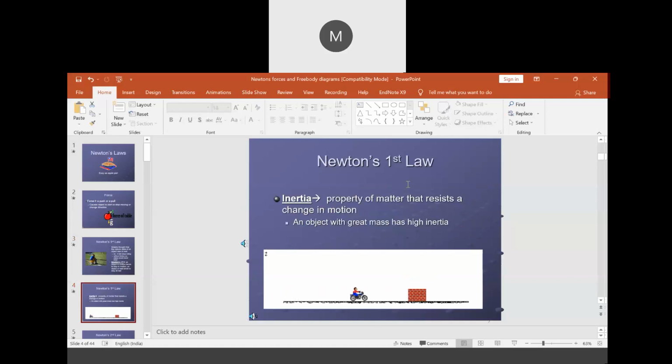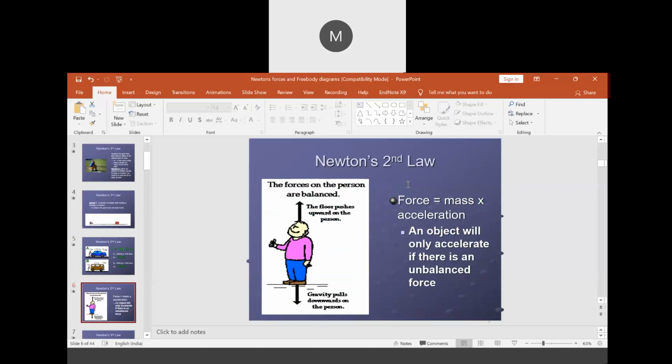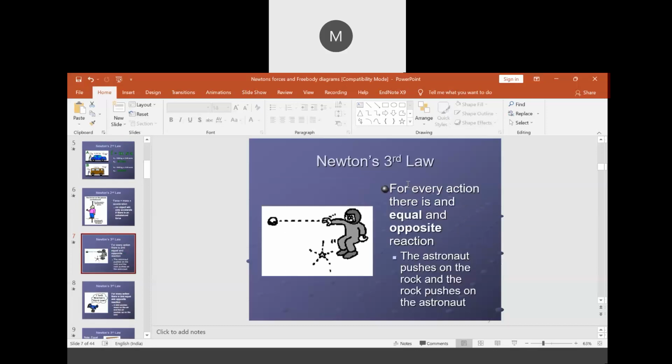Now, inertia is the property of matter that resists the change in motion. Newton's second law states that force is equal to mass into acceleration, and the object will only accelerate if there is an unbalanced force.